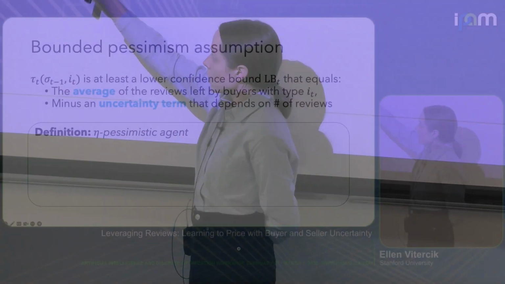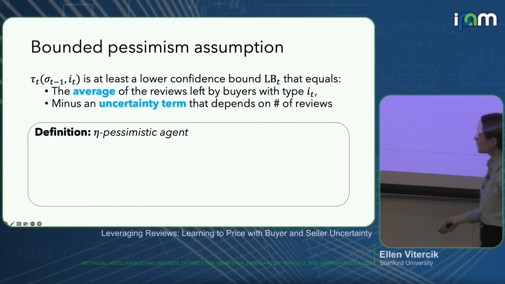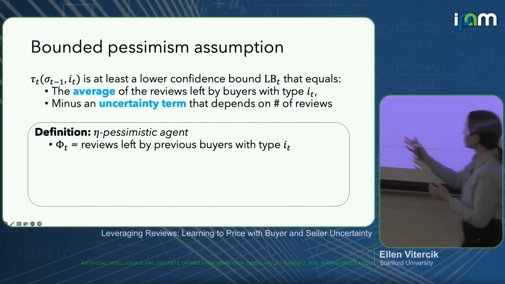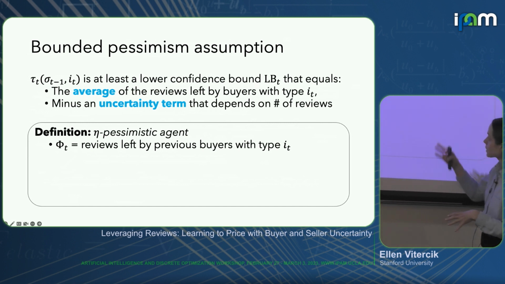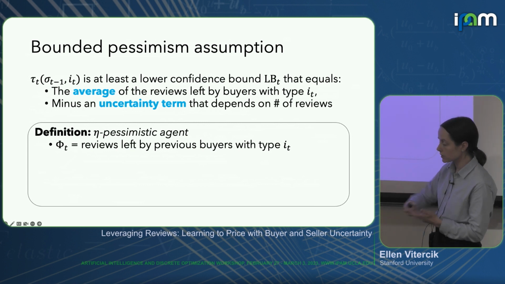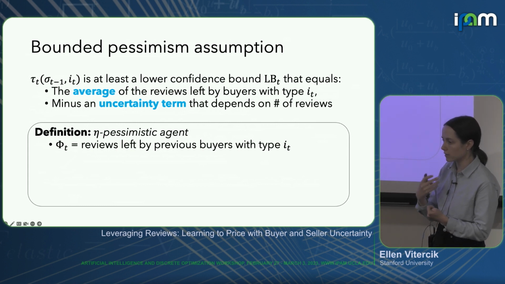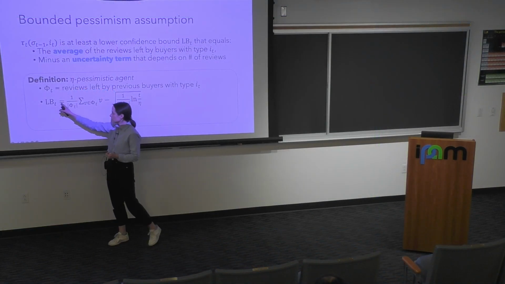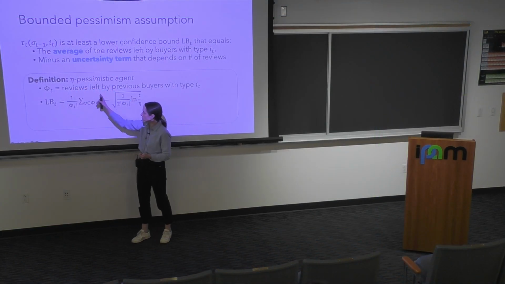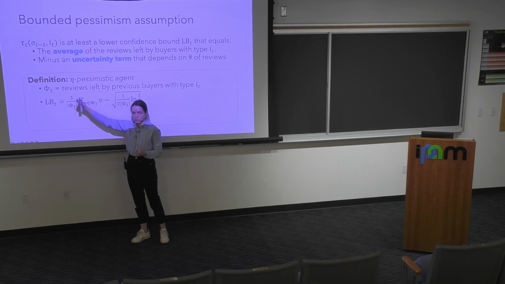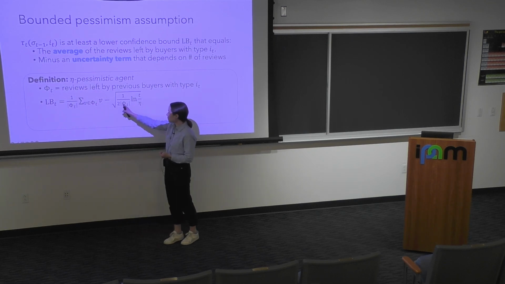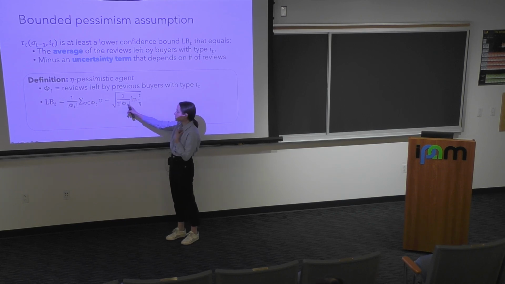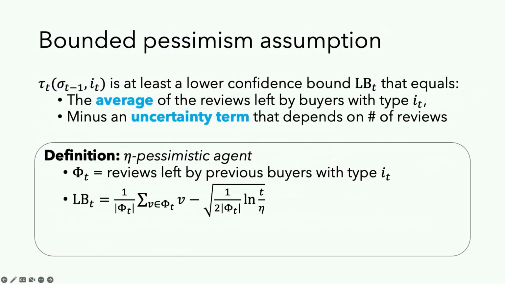We're going to say our agent is eta-pessimistic if, let's say that phi_t are the reviews left by previous agents with type i_t. So the agent's current type, look at the previous agents who had the same type. We're going to define LB_t to be the average of those reviews of the agents with the same type, minus this standard Chernoff confidence interval, which depends on the number of those reviews.